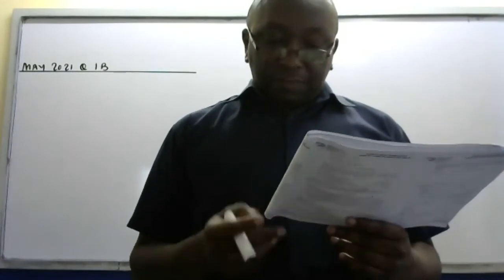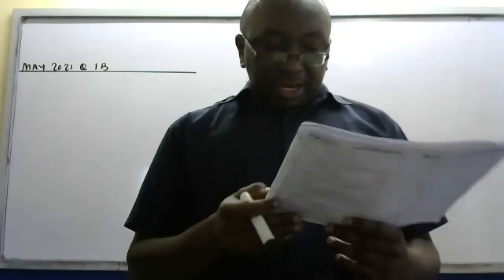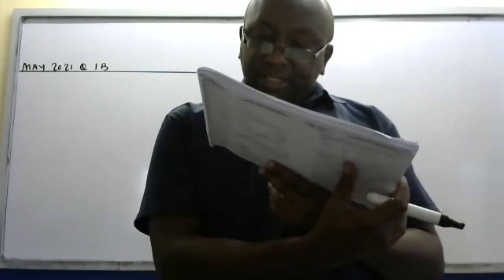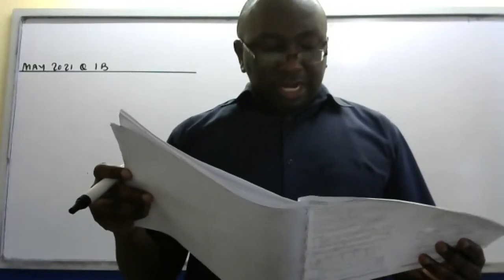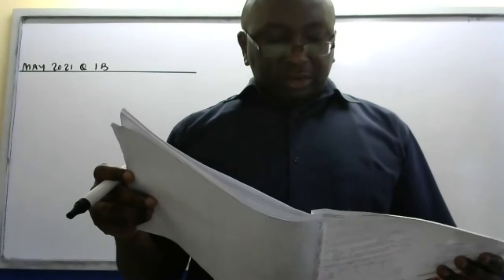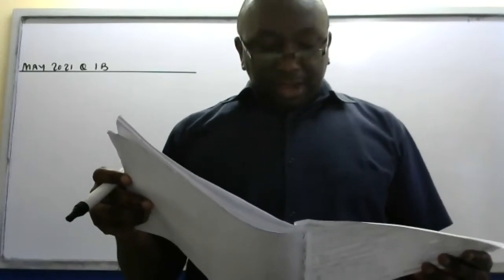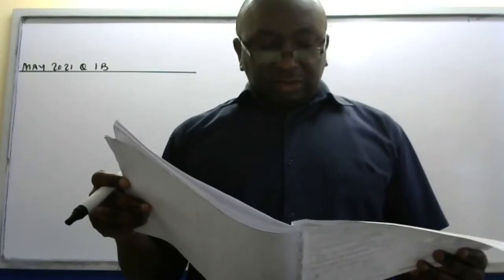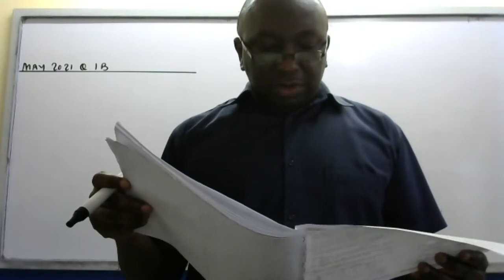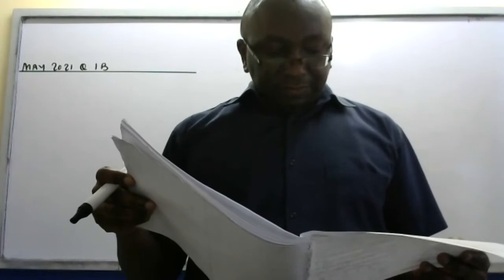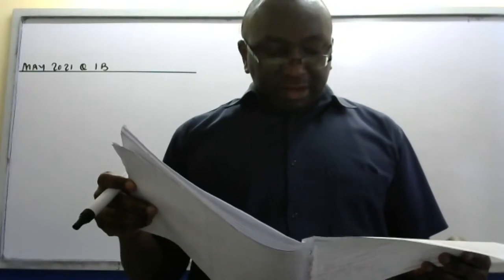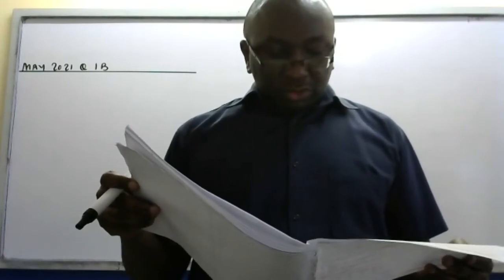Compu World Limited assembles and sells computers. The company estimates that if it optimally assembles computers, it could sell between 1,100 and 2,000 computers per month, and the monthly revenue in thousands of shillings over this range of sales could be presented by the function R, where R is the monthly revenue, X is the number of computers sold.